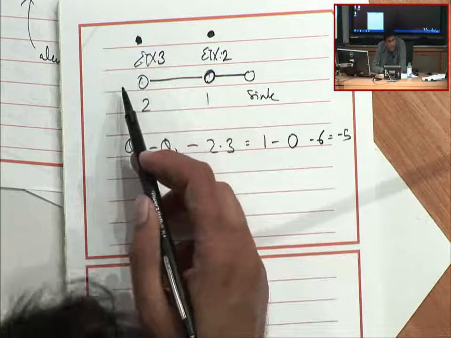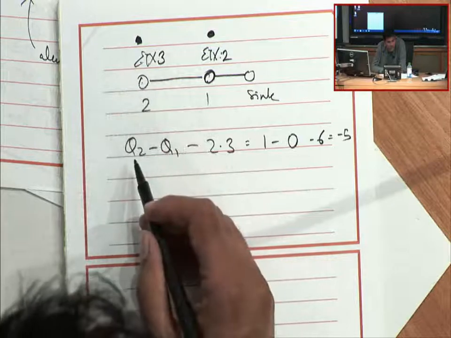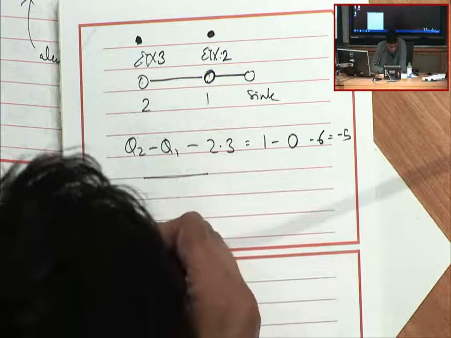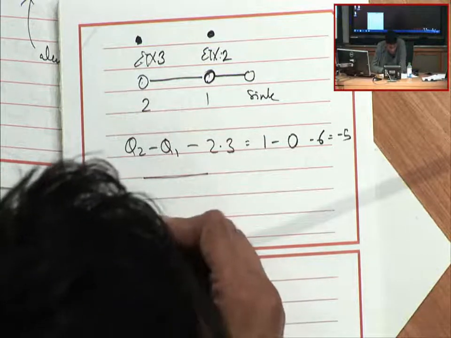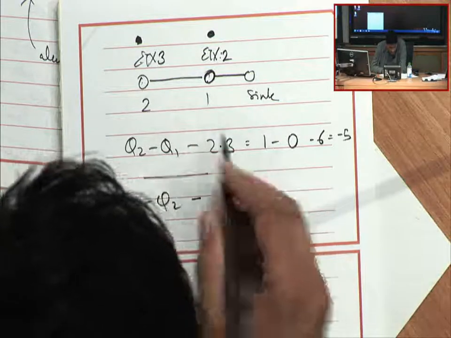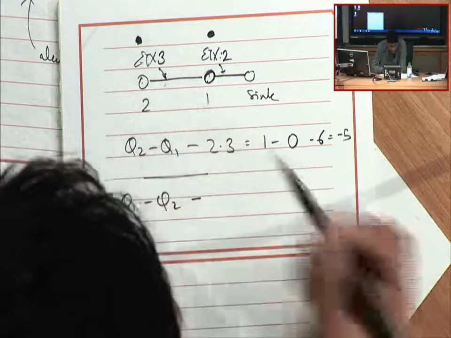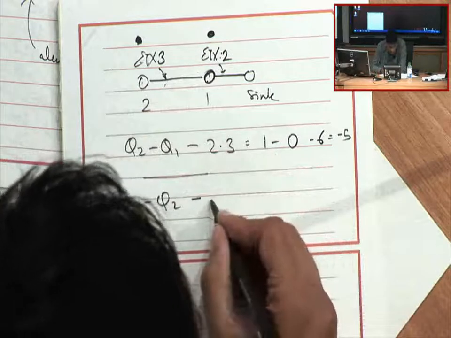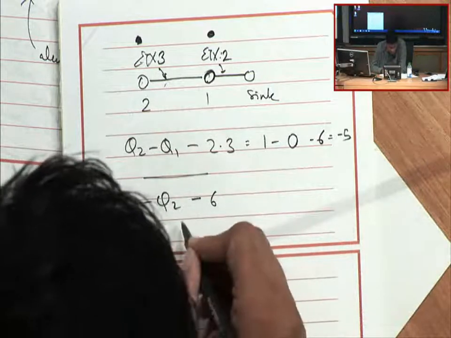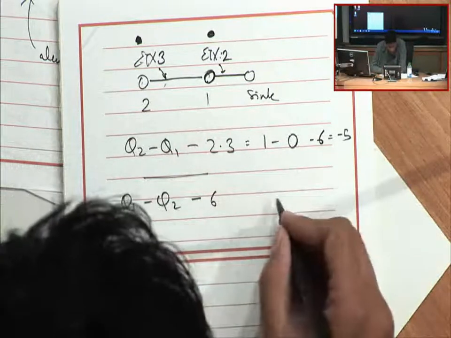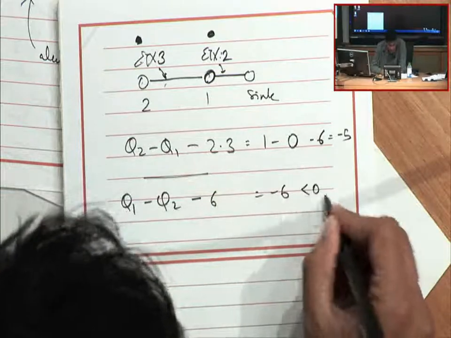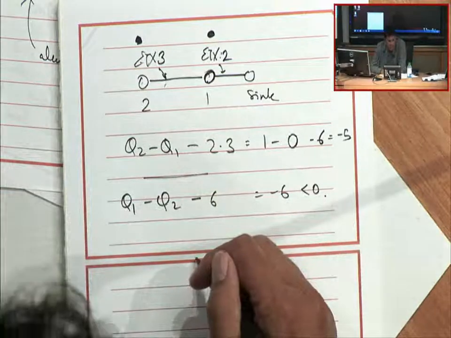So at any rate, all the possible neighbors would be considered in the calculation from this node onwards. It would look for this reverse link, so if you look, for example, at this situation, Q1 minus Q2 minus, again, the ETX on this link being 3, let's assume in both directions. Even if it had a packet, Q1 is 1 and Q2 is 0, this would just be minus 6, so it's also less than 0, nothing's going to move.